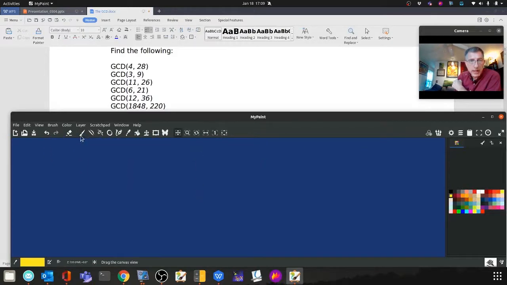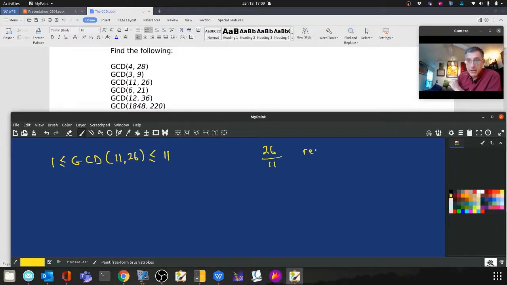Now let's look at the GCD of 11 and 26. And recall, 11 is prime. It's on that list. So again, I always know it's greater than or equal to 1 and less than or equal to 11. But in this case, 26 divided by 11 doesn't evenly divide it.